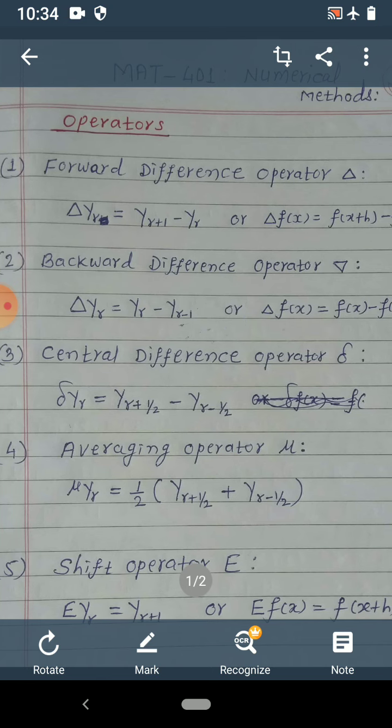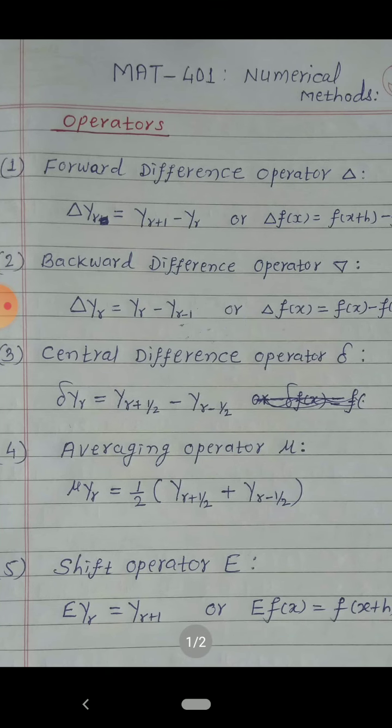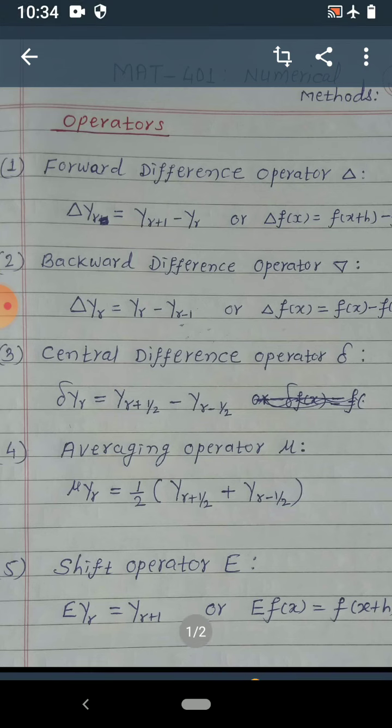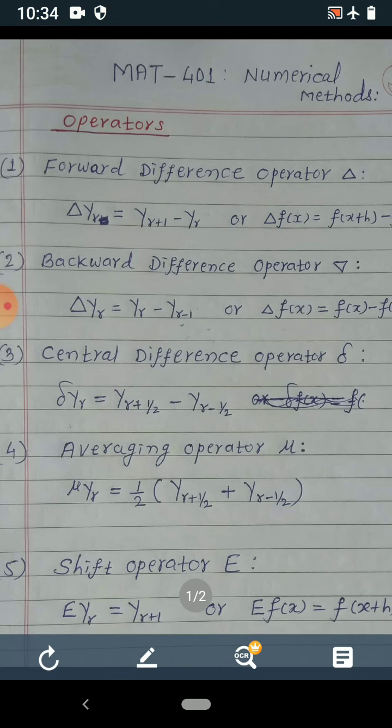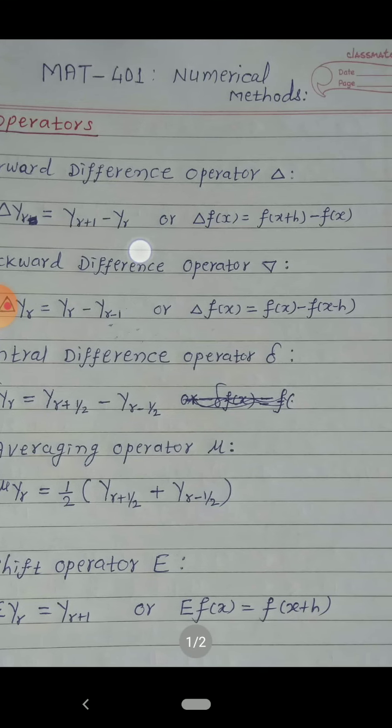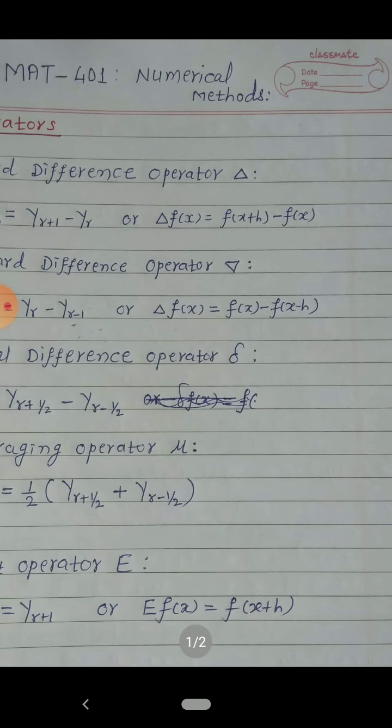One more operator, which is called a shift operator and denoted by capital E, is defined as E yr is equal to yr plus 1, or E f of x is equal to f of x plus h. Means we have to add 1.